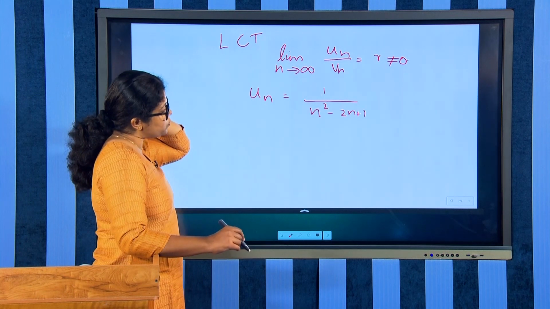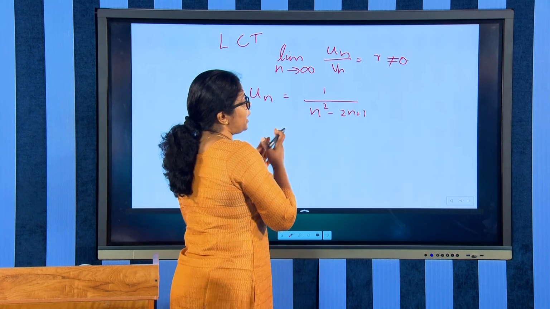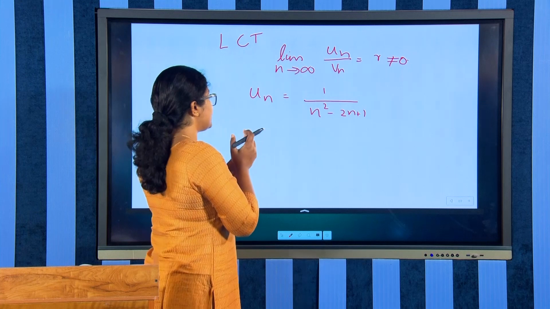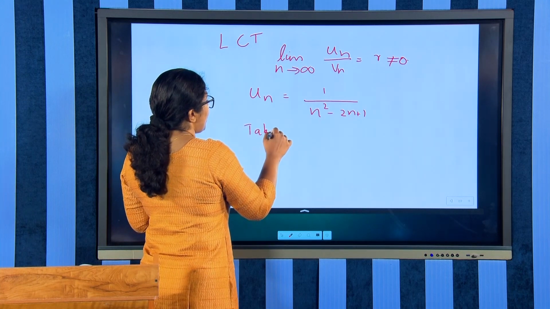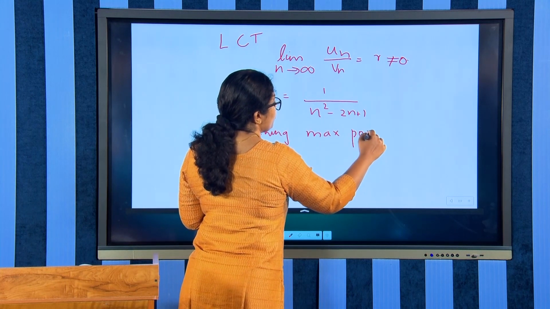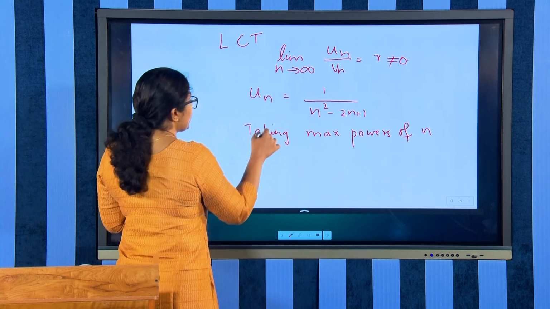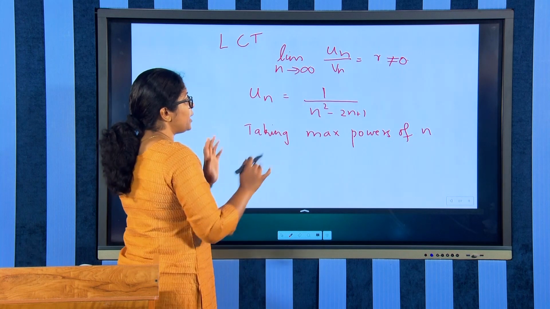So, the technique that we use is take out the maximum powers of n both from the numerator as well as the denominator. So, taking the maximum powers of n both from numerator and denominator, there is nothing to be taken from the numerator, it is only 1 there.